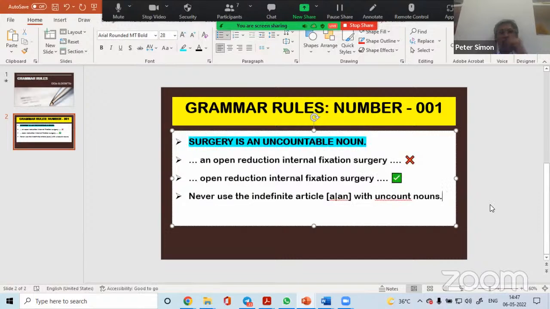That's the point: never use the indefinite article 'a' or 'an' with uncountable nouns. That is the rule. Remember that.